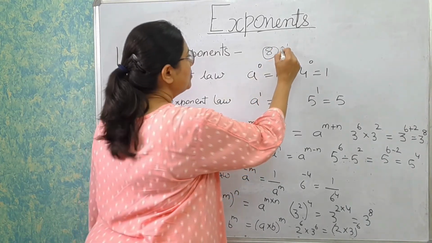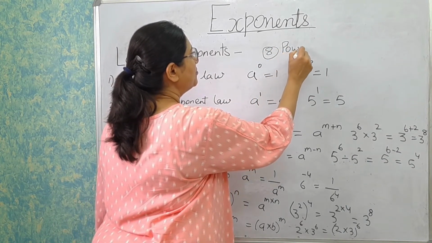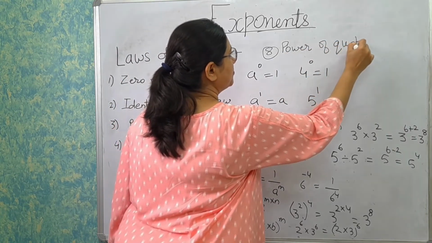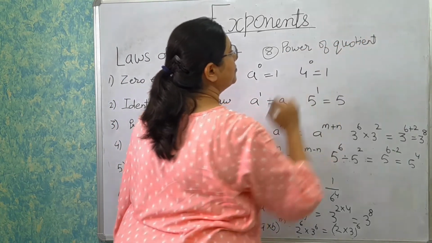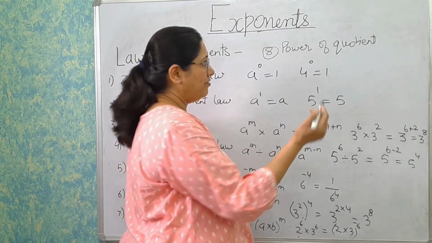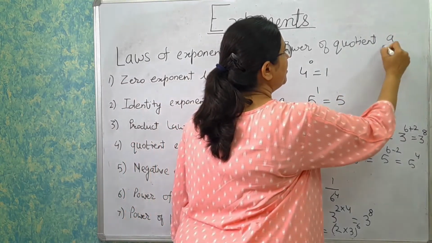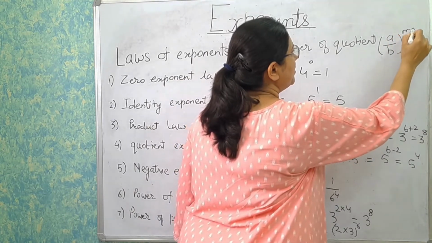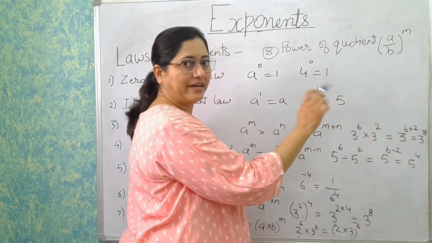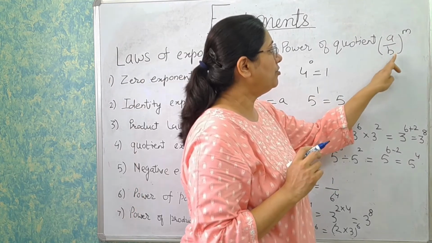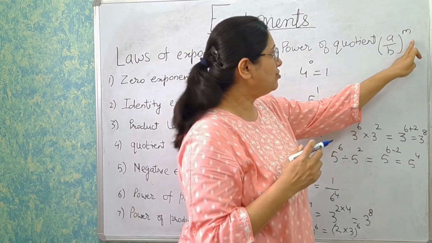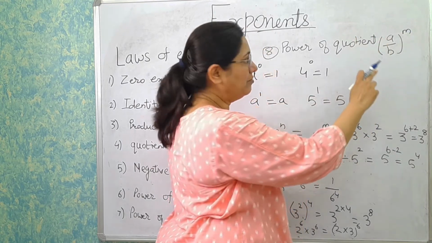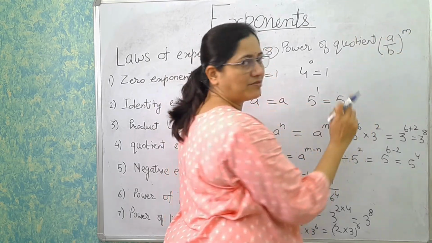Next law, there is one more law, and that is the eighth law, power of quotient. Suppose I am having a rational number a upon b bracket close and exponent m. So I can write it individually, a upon b in a bracket and raised to the power m shows a is also having this exponent m and b is also having this exponent m.